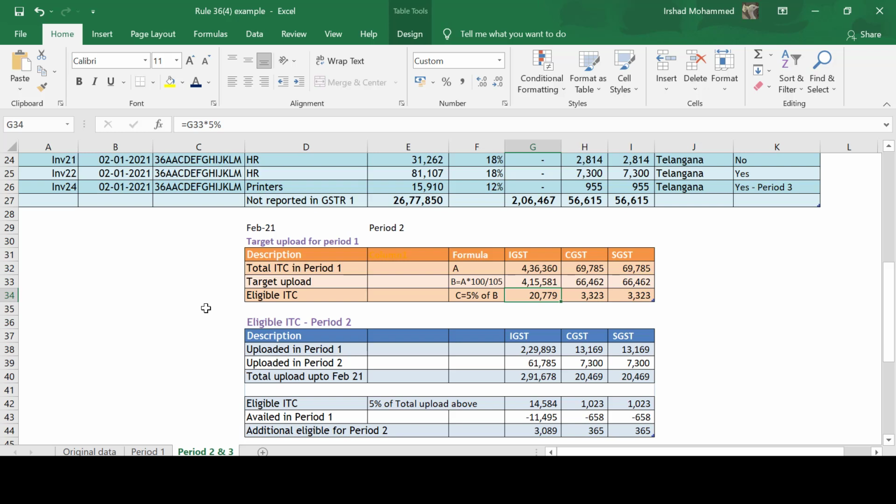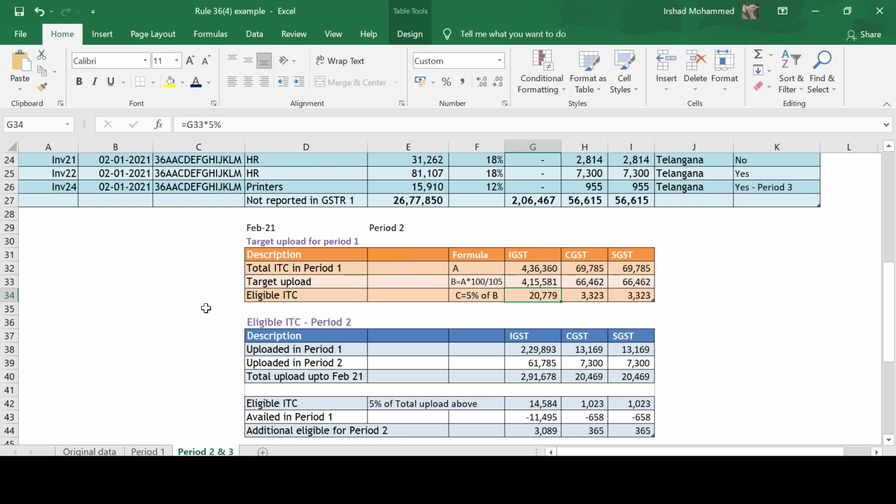So the total target upload for us for January 2021 is this. And the formula is given here, you can take a look at it. This is based on this data and it has been indicated here in row number 33. So if this value is achieved, then we shall be eligible for 5% ITC regardless of whether suppliers file their GSTR1 or not.